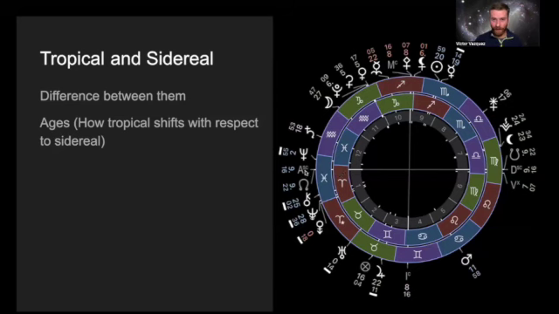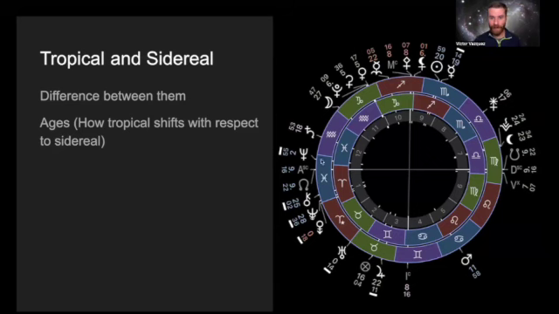It's exactly in the same place, but since both zodiacs start in different places, it's on a different degree, and even a different sign most of the time, in the sidereal zodiac and the tropical zodiac.